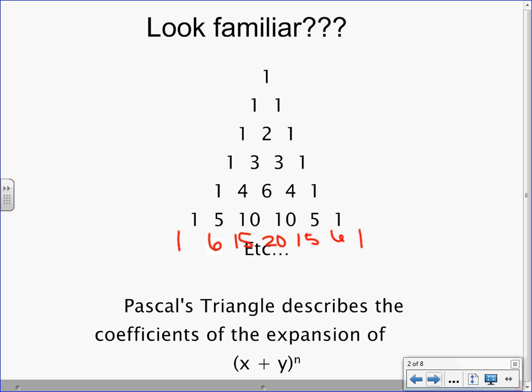It's not quite what I'm looking for. Combinations. Does it relate to combinations at all? You don't know how?